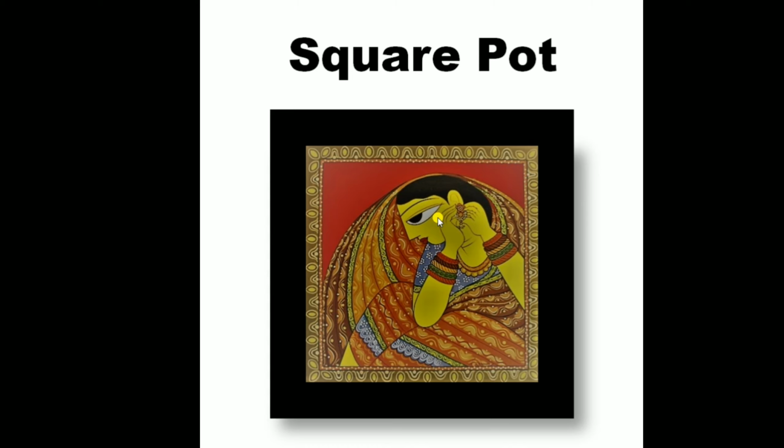This is an example of square pot. So my dear students, tell me what you learned today. Yes, today I discussed with you the major folk arts of Bangladesh like Alpana, Sara paintings and Potchitra.